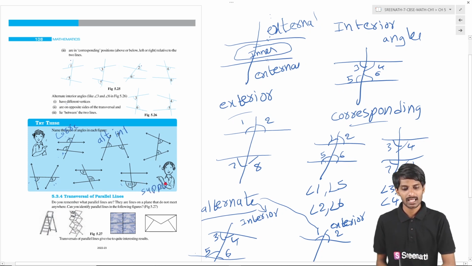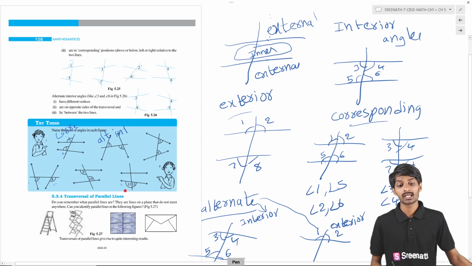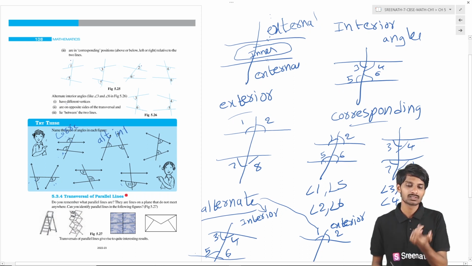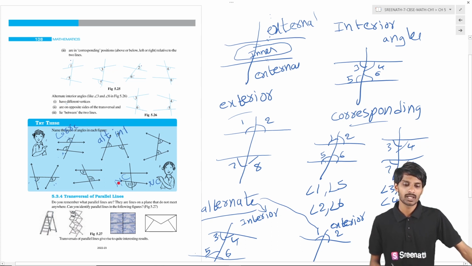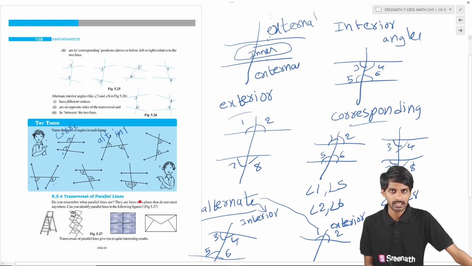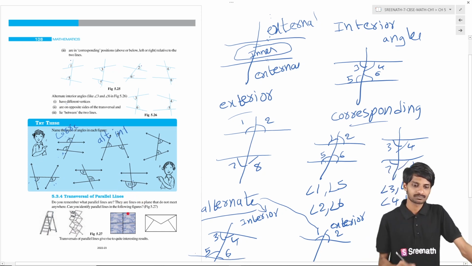We can say supplementary angles and adjacent angles, and also linear pair of angles. There are so many names. Why? Because the non-common sides are opposite, so linear pair, and they have a common vertex, so adjacent. And whenever two angles are together, they give 180 degrees, like that, friends.